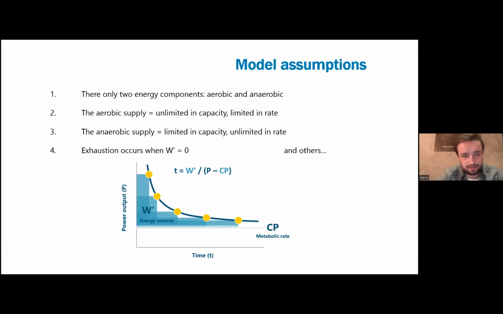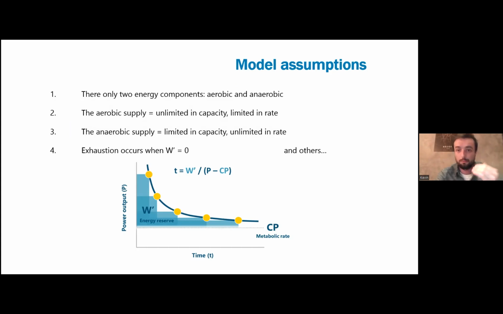The aerobic energy supply, so the critical power, is unlimited in capacity, because indeed it's the asymptote. So at the power output at critical power or below, you should be able to continue at that work rate forever, but it's limited in rate, as you can see.